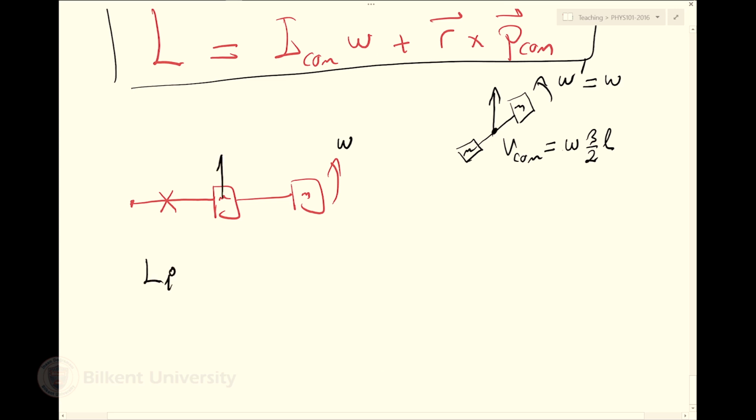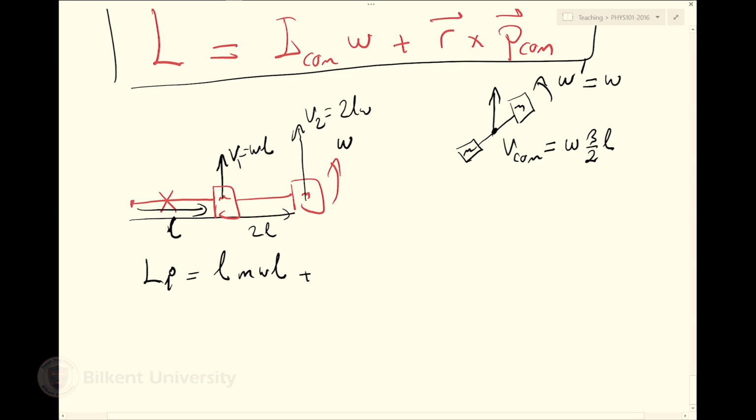The first mass is moving with v, which is omega times L. So r cross p for that mass: r is L, p is m times omega times L. From the second mass, r is 2L, so V2 will be 2L omega, and I'll have 2L times m times omega times 2L. Overall, I'll have 5m omega L squared.